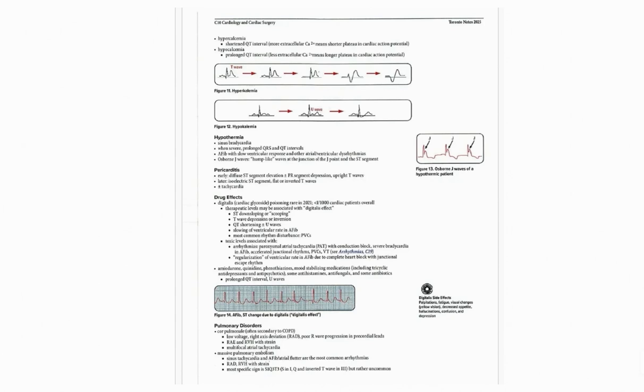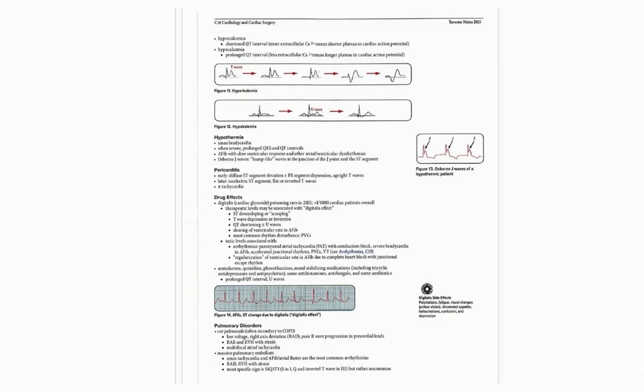Massive pulmonary embolism. In massive pulmonary embolism, the most common ECG finding is sinus tachycardia. Patients may also develop atrial fibrillation or atrial flutter, right axis deviation, and right ventricular strain.